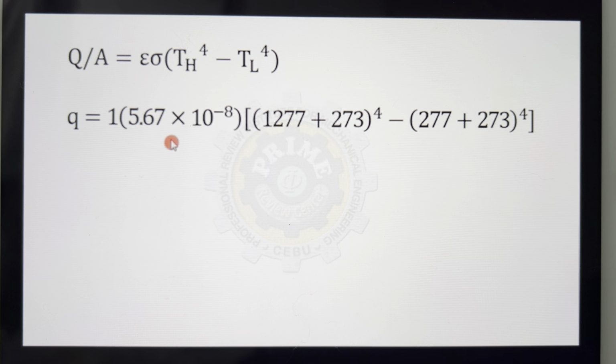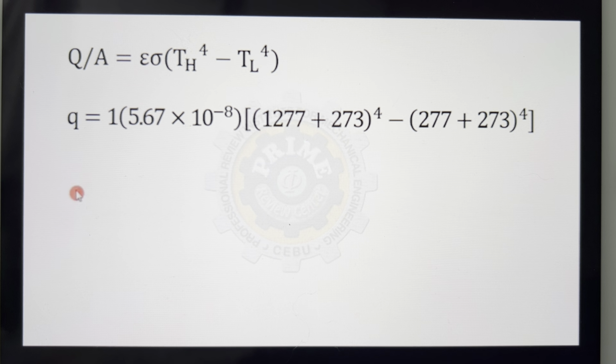That is constant 31. Then times yung temperature difference. So we have 1,277 plus 273. So again, huwag kalimutan, sa formula ng heat transfer through radiation, dapat naka-absolute value ang temperature. So raised to the power of 4 minus the absolute minimum temperature, 277 plus 273 raised to the power of 4.